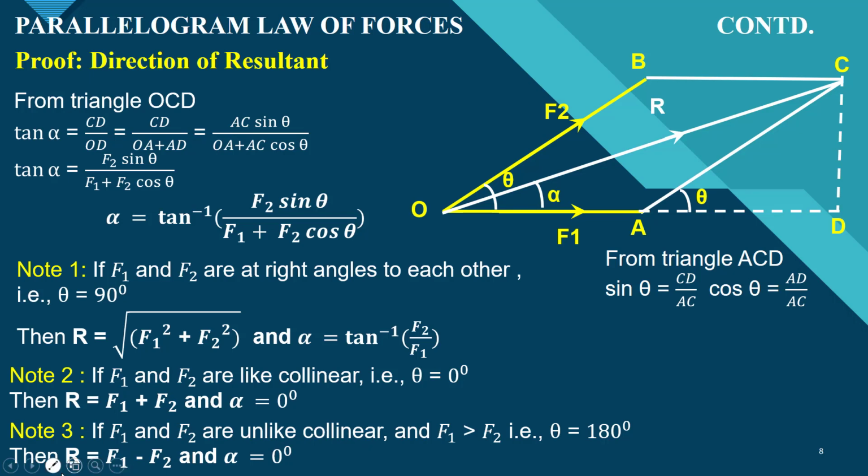That means the magnitude of the force capital R will be equal to F1 minus F2, and alpha will again be equal to 0 degree. So these are the three important different cases to be remembered. This is one method of finding out the resultant of two concurrent forces.